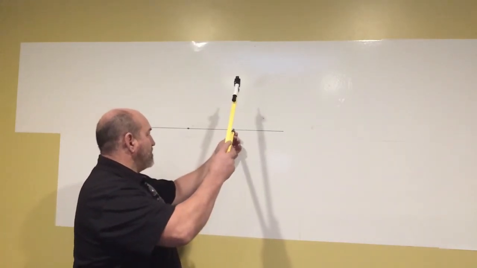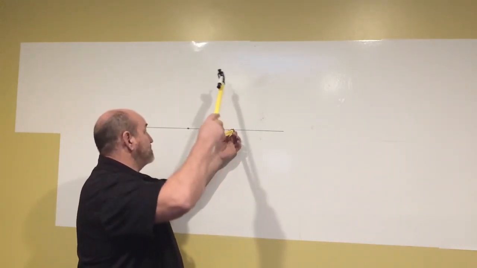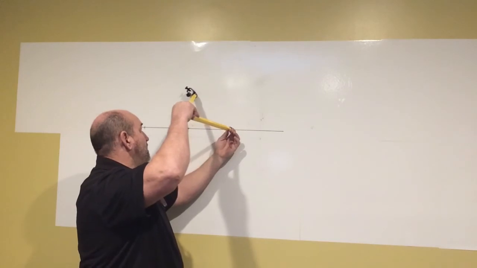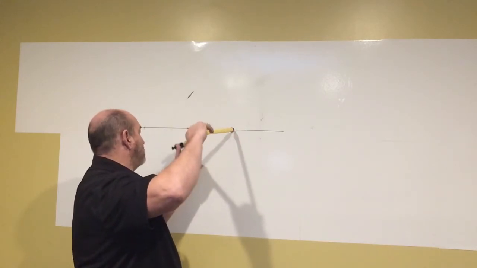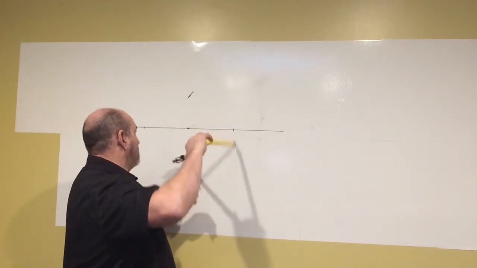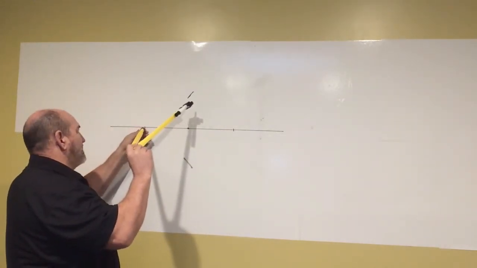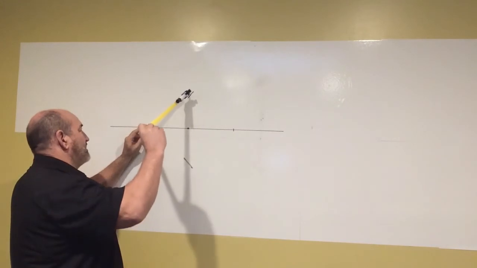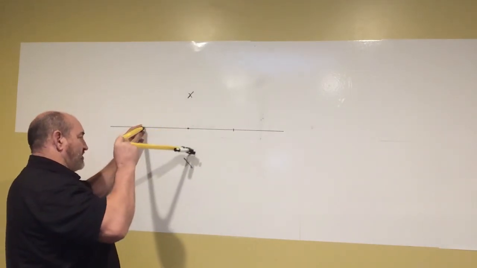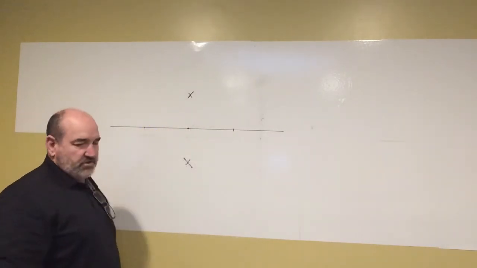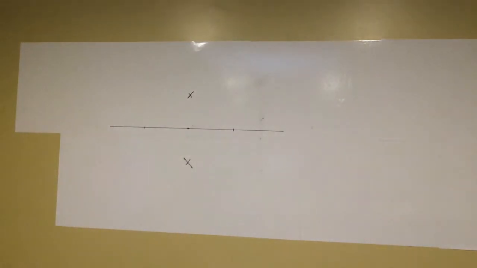Then I come over here, put my compass here, and strike an arc above the dot and below the dot. Then I do the same thing over on this side. If I do this correctly, I should be able to strike a line segment through these crosses. Let me get the ruler here.